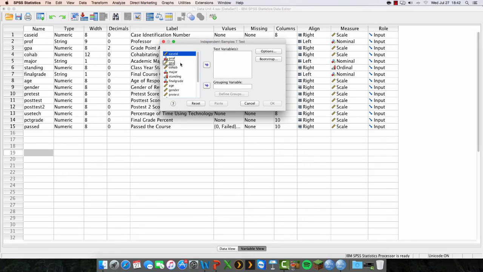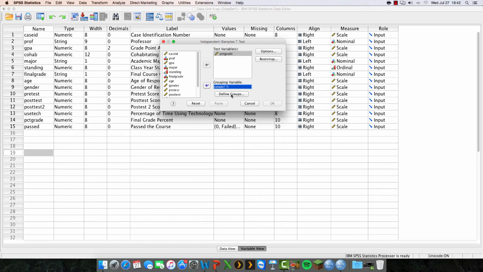We're interested in the percent grade, second from the bottom, and our grouping variable. The categories we want to differentiate between are those people who are cohabitating and not cohabitating. Now you see here where it says cohab, it's followed by 2 little question marks. It means we need to still define the groups.